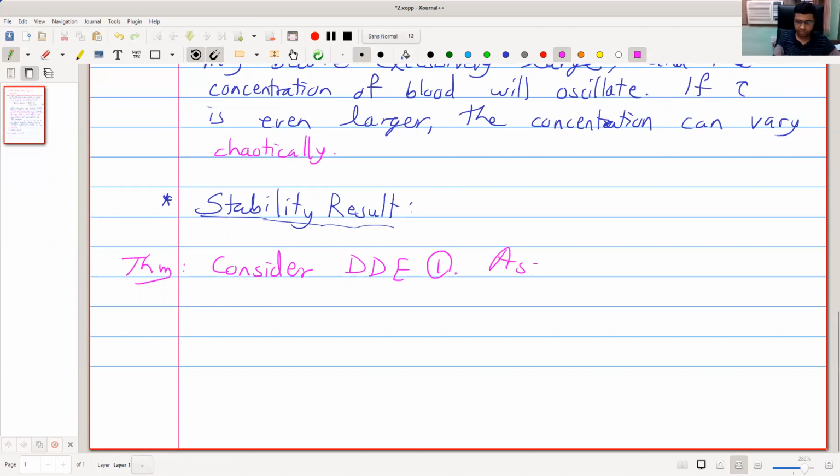Assume that b is less than a. Okay, a, b, c, all these parameters are positive. We assume that b is smaller than a.